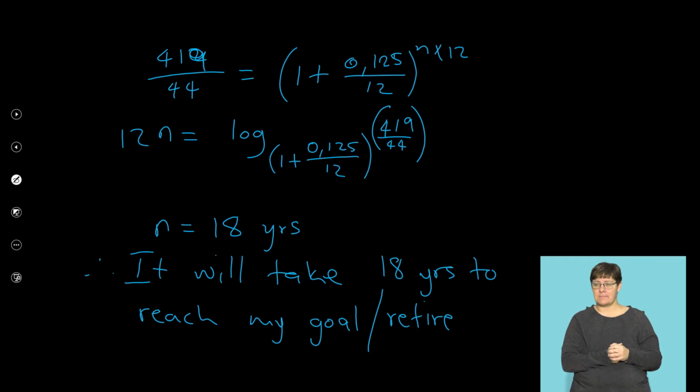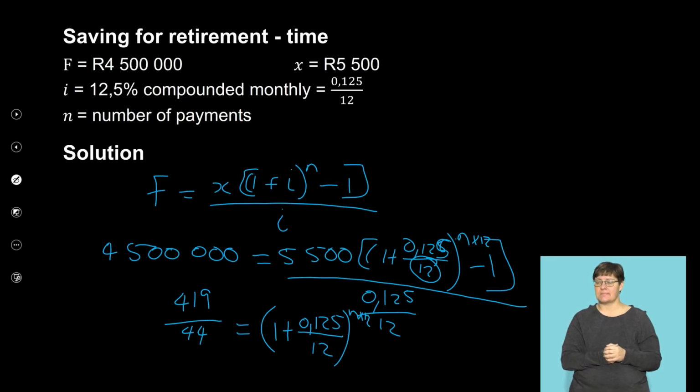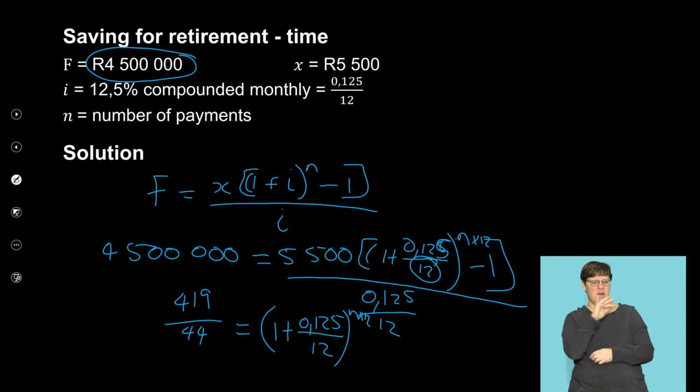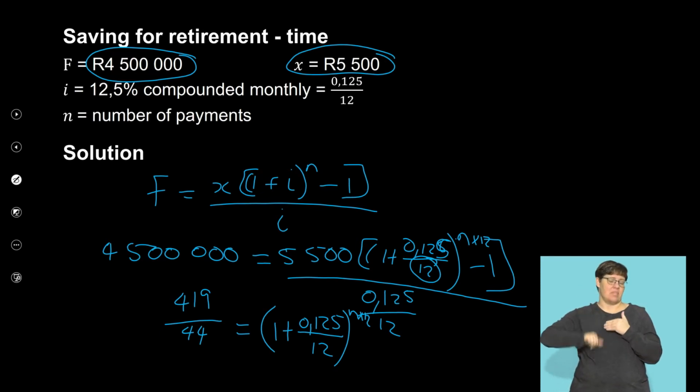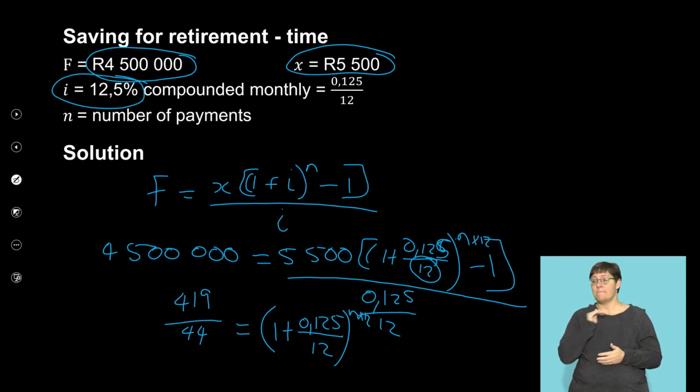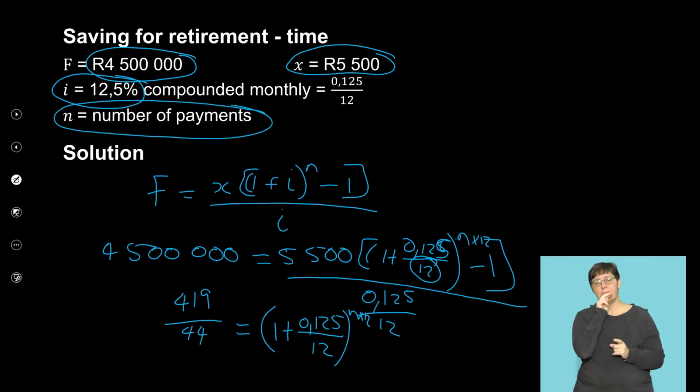So firstly, let's quickly do a recap of what we've looked at here. We knew that I wanted to retire with this amount of money, 4,500,000. I have 5,500 that I am willing to pay on a month-to-month basis. And then the bank is giving me 12.5, a financial institution, because it's not always just banks. And then I want to know how many years this is going to be. So firstly, it becomes the number of payments. If you divide it by 12, it gives you the years.